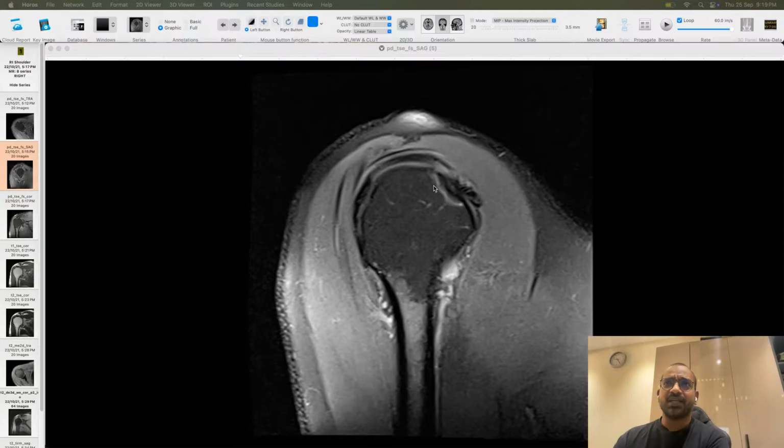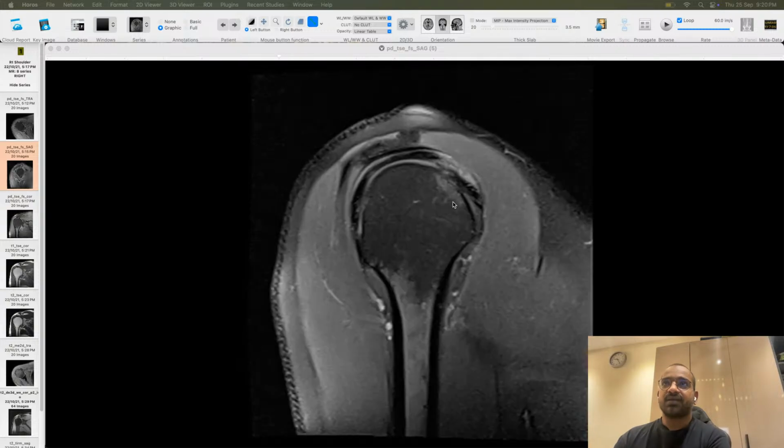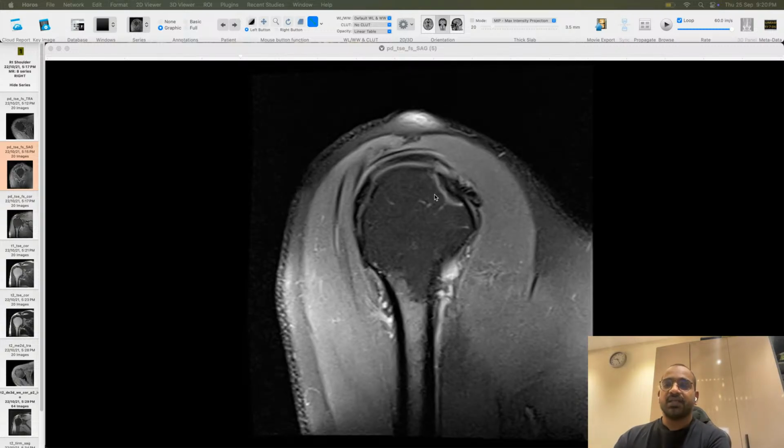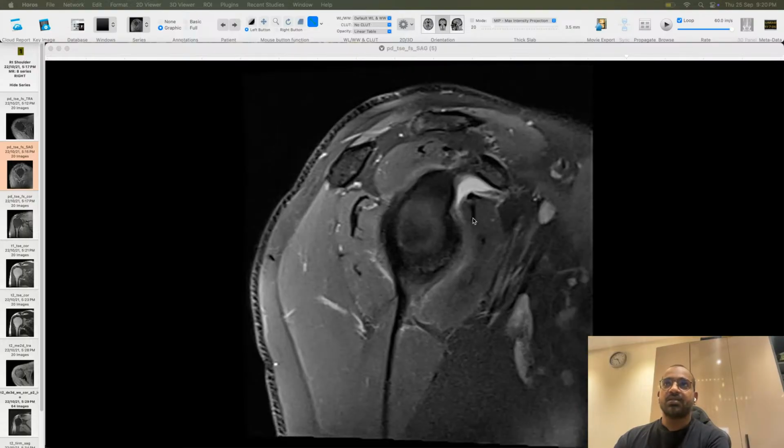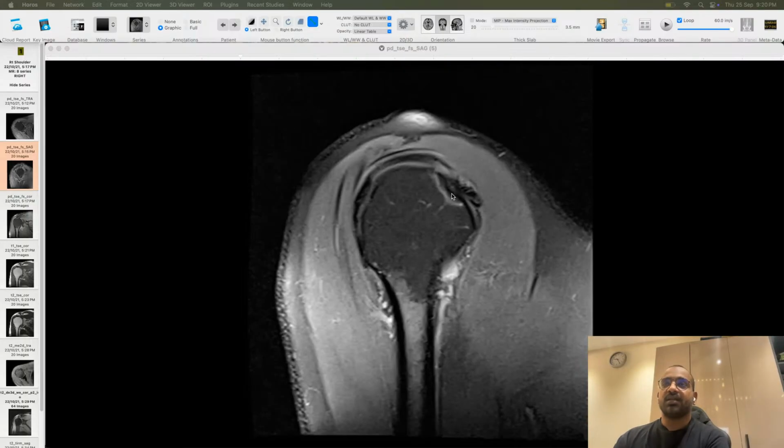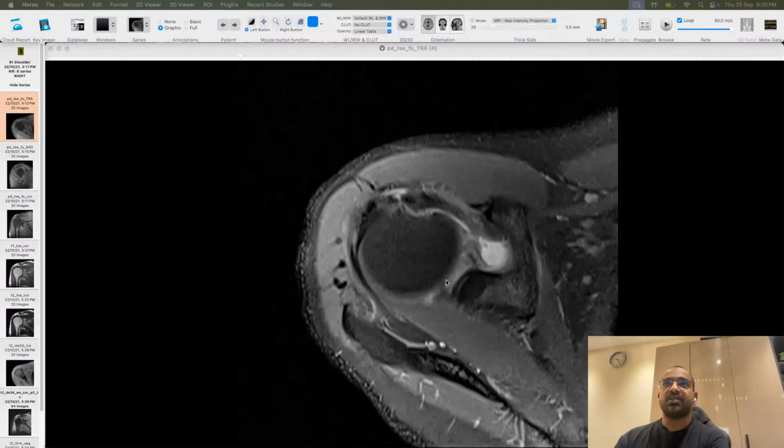There is one more thing sitting over here. If you see, there is a linear, curvilinear hyperintense signal separating this bone from the head of humerus. This is the lesser tuberosity, and this is the subscapularis insertion. The subscapularis tendon is getting inserted onto the lesser tuberosity of humerus. I'm going to the axial image of the same patient.